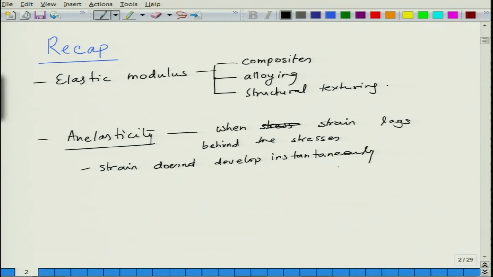So, this is elastic strain. We are talking about elastic strain here, we are not talking of plastic strains. The elastic strain, whatever should develop, does not develop instantaneously.